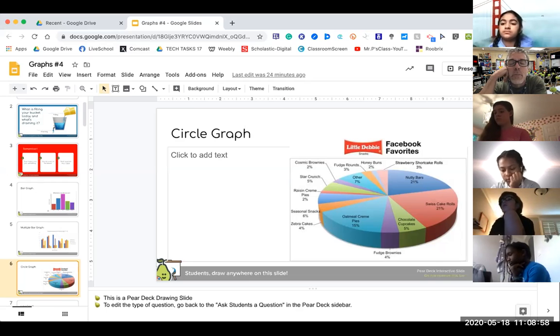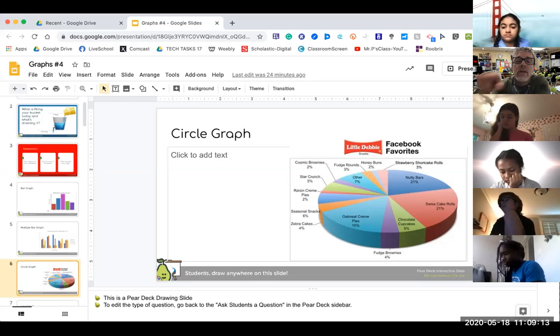I mean, not the literal math, but what do you have to do to make a circle graph? You just ask questions and put them in a slice of the pie? Well, you have to have the title, which is what it's all about. Uh-huh. So this is the whole of all of the sections, and so the sections would be the X or the Y?